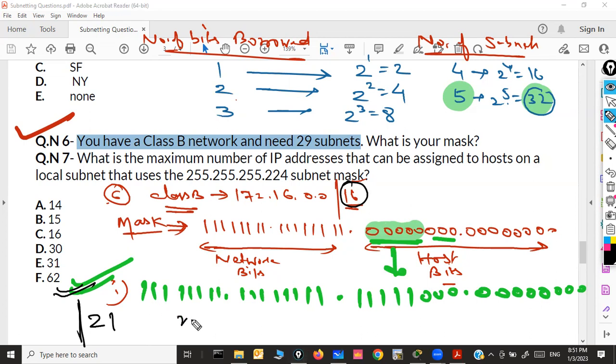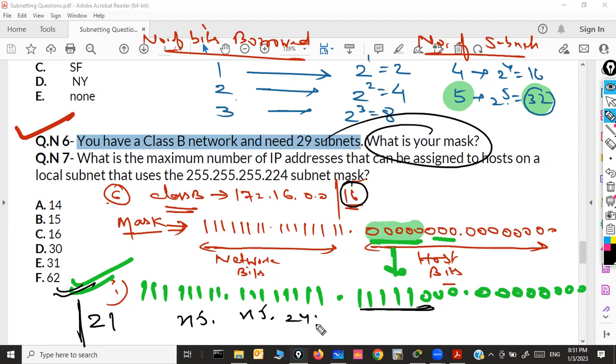So the actual value is /21. And if I have to write it in decimal, as the question asked, it is 255.255, and this needs to be converted: 248.0, because the position values are 1, 2, 4, 8, 16, 32, 64, and 128, right? Or simply, you can write 255 and then 1 plus 2 plus 4 is 7, subtract 7 from 255, and again you will get 248.